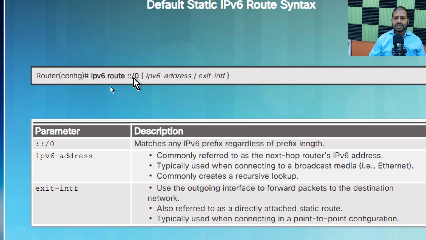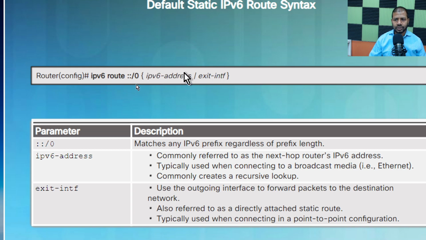For IPv6, we just do colon colon. That means all zeros. And the prefix length is /0. That means all IPv6 networks. So for all IPv6 networks, just go out via this exit interface, or I can specify the next hop router's IP address.